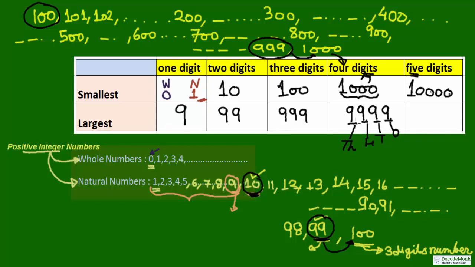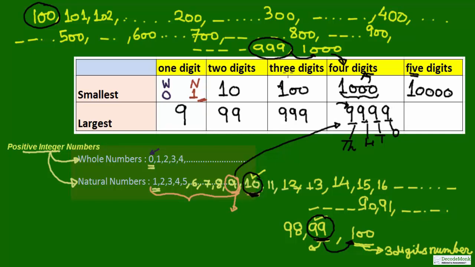And how will you maximize? By putting in the largest possible digit at that place, and the largest possible digit is 9, and therefore you have to put 9 at every place to maximize the total number. Therefore we can arrive easily at the largest possible 4-digit number by putting in 9 at all the 4 places.